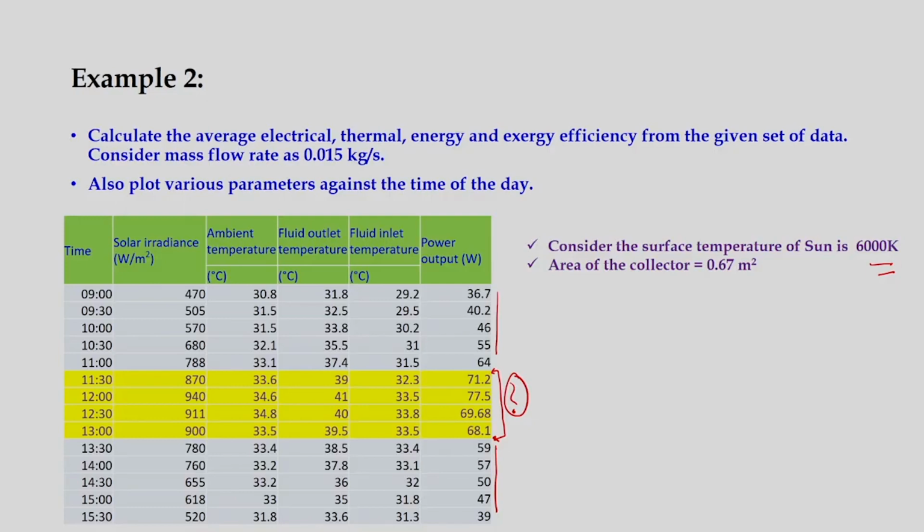Okay. So, what I will do first, I will do one calculation and I will show you, then we will use one spreadsheet to calculate all the parameters for a single day starting from 9 a.m. to 15:30 hours. Okay. So, first let us calculate what is electrical efficiency for 11:30 a.m. Okay. So, here if we take the value of Pm, which is multiplication of Vm and Im.